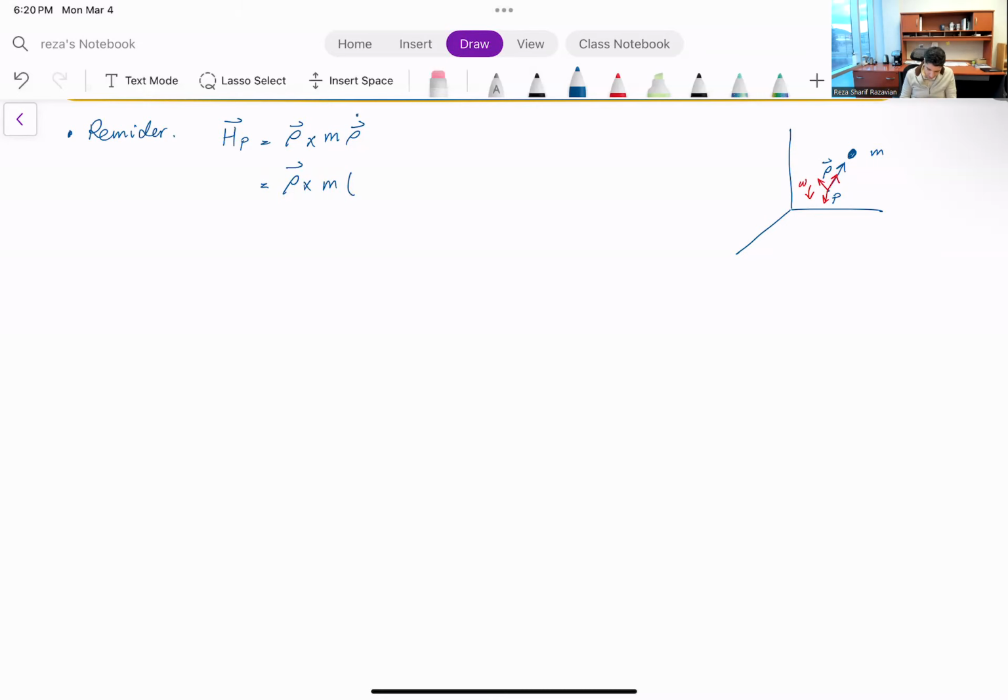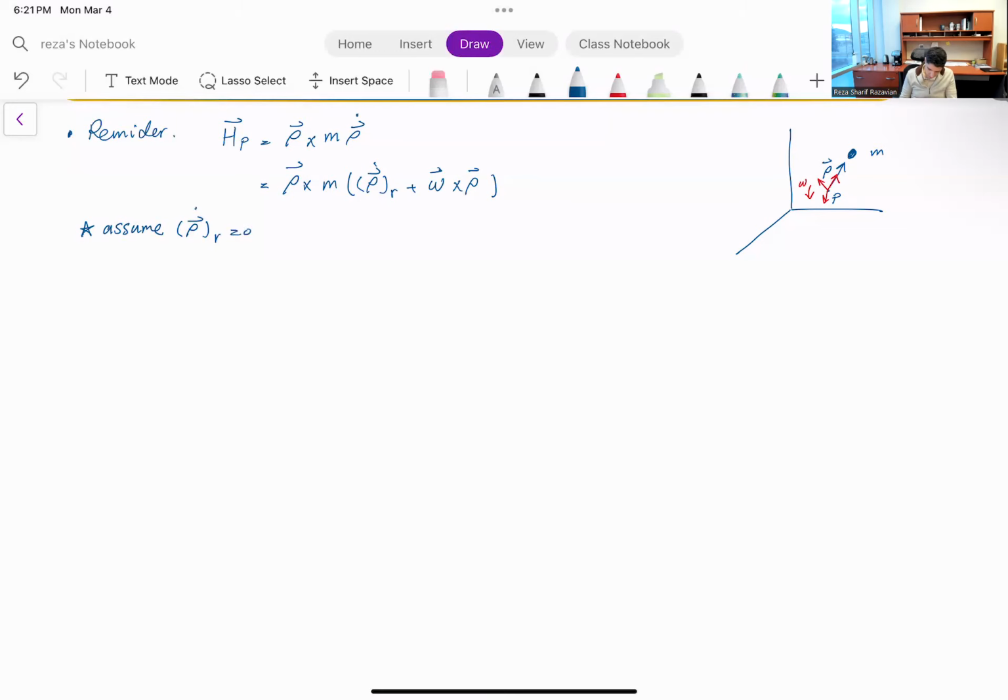We can write rho dot as rho dot relative in this frame plus omega cross rho, to include the effects of the frame rotating itself. And now I'm going to make another assumption: assume rho dot relative is 0.